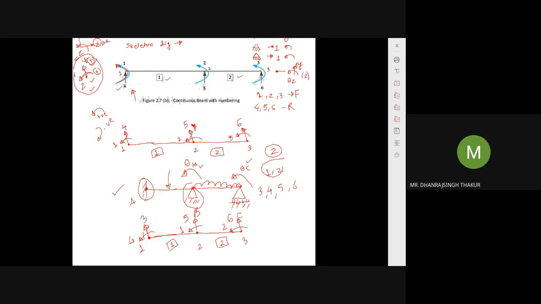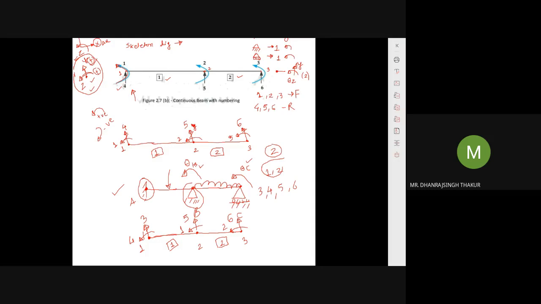So I think you understood how to give the coding. First, where displacement is possible, in whichever direction it is possible, first you assign the coding to that, and then the remaining Y, Z, okay. And in this way you have to complete your skeleton diagram, okay.